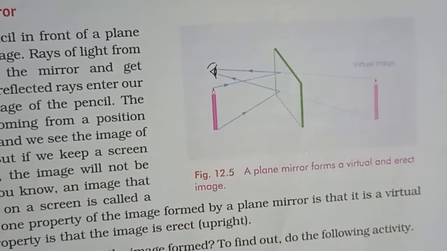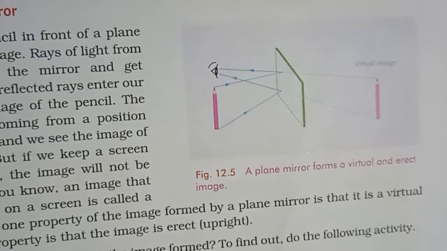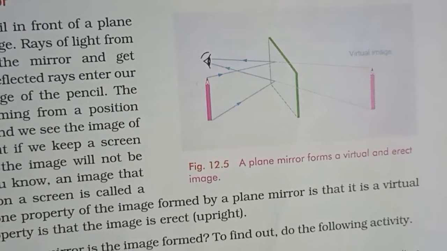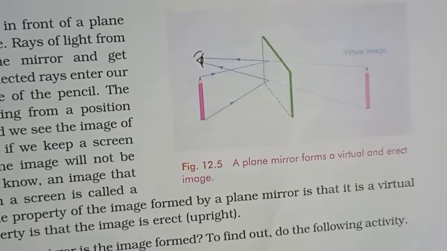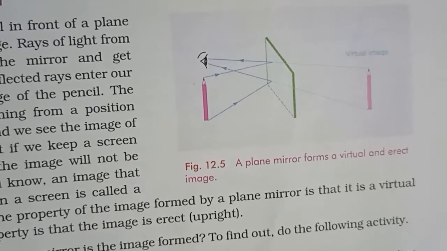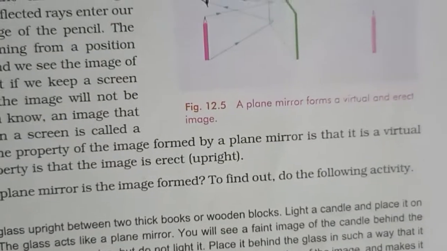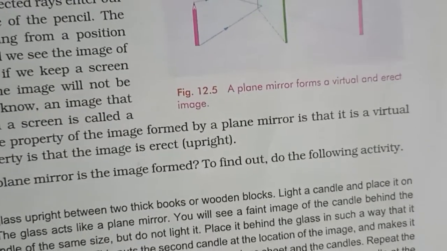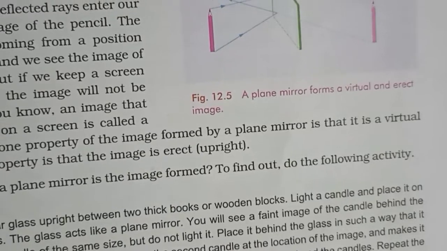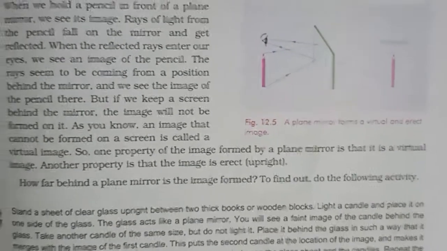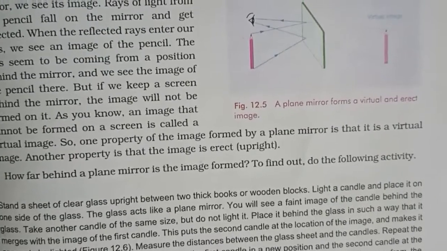And we have learned in class 7 that the image which cannot be formed on the screen is known as a virtual image. So a property of the image formed by a plane mirror is that it is virtual. That means it cannot be obtained on the screen.